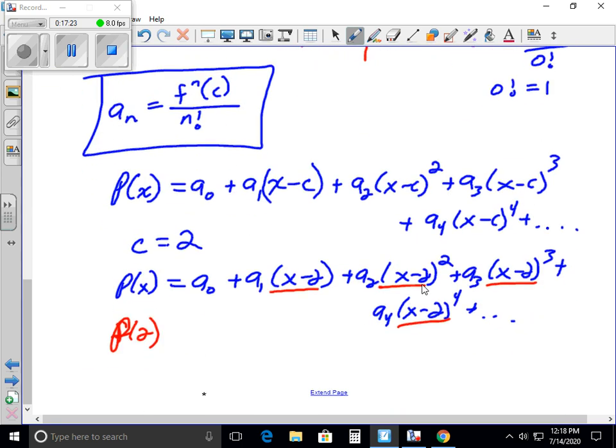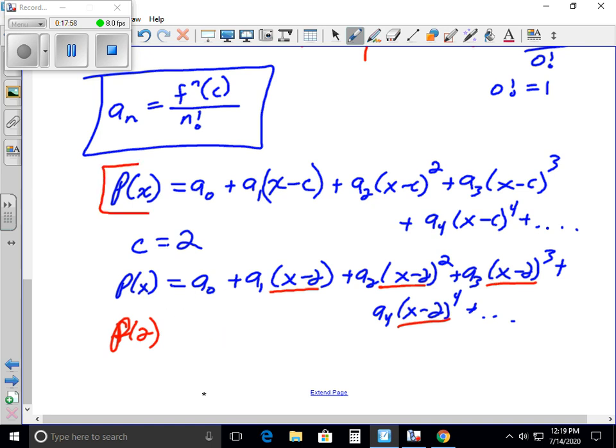So if our center is not at 0, we subtract the center from each x so that when we plug that number in, that factor makes 0. When we take the derivative of, let's say, this one, we bring the 2 down, and x minus 2 to the 1 less power, so we still have that factor, x minus 2. So when we plug a 2 in, every one of those terms that have a factor of x minus 2 are gone, and we're left with just the coefficient.